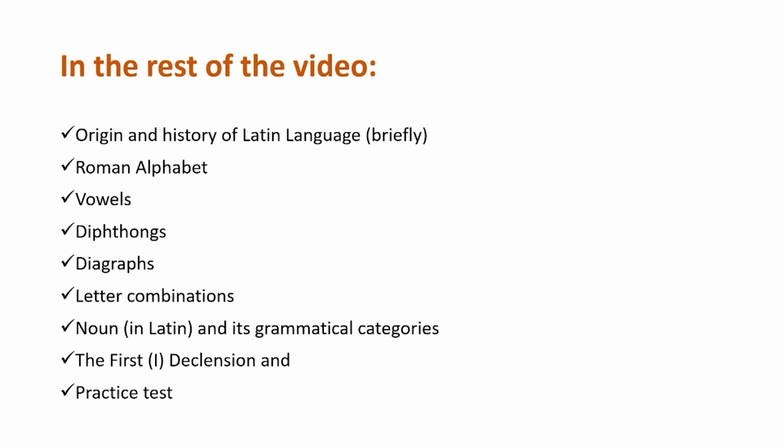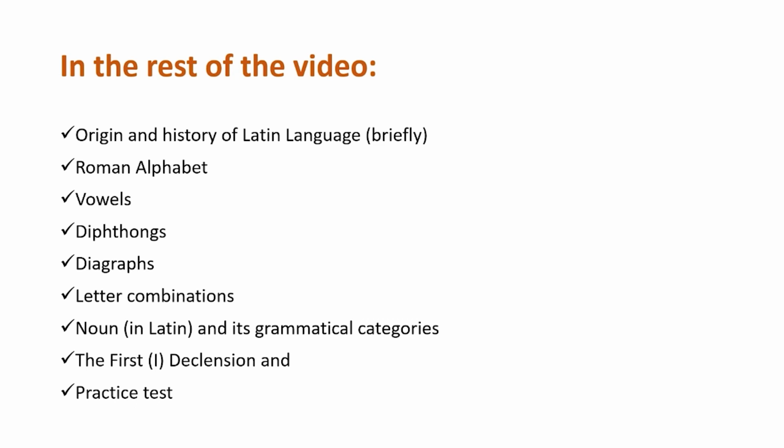We'll look at some letter combination, define noun in Latin, and discuss its grammatical categories. I'll also introduce you to a very important concept of declension and focusing on the first declension in this video and provide examples of nouns belonging to this declension and explain their forms.